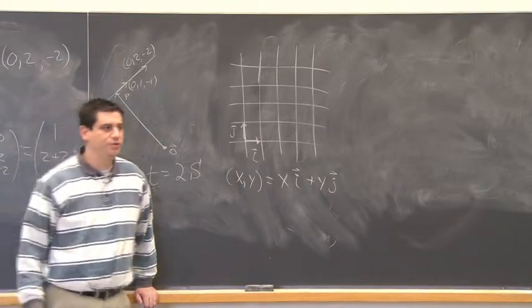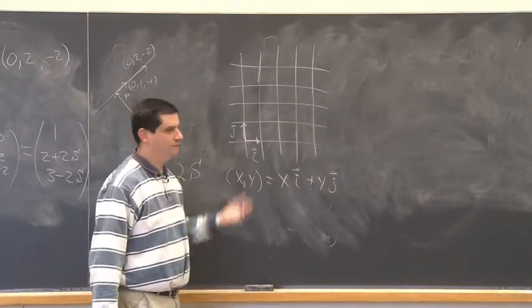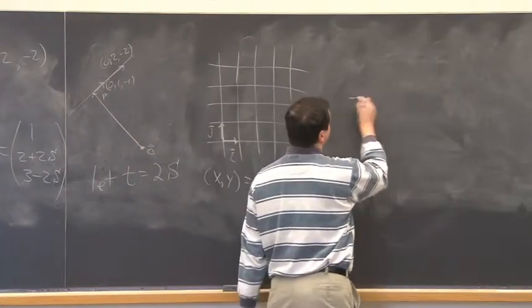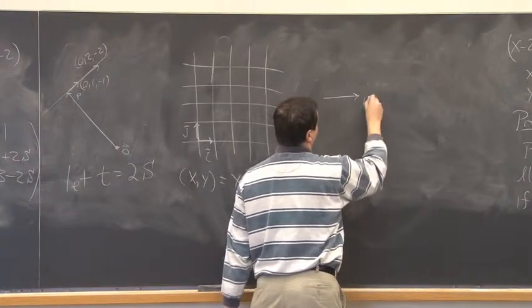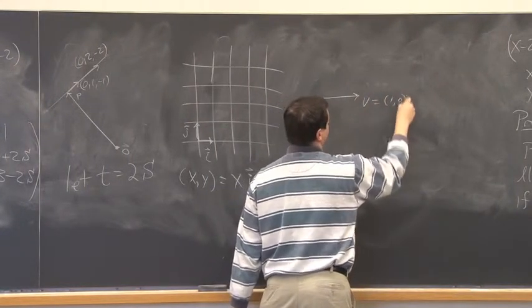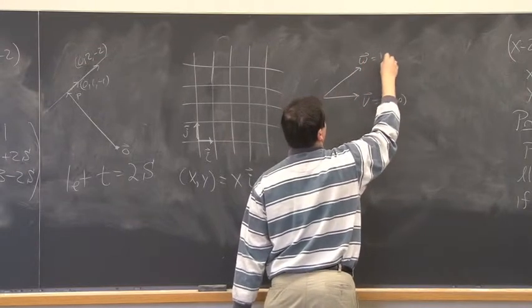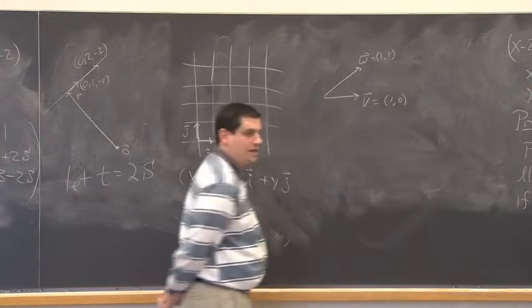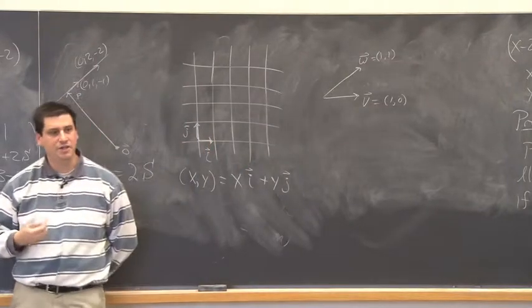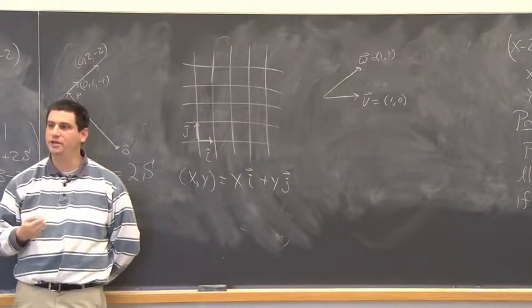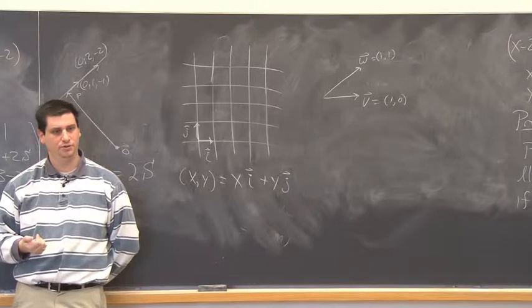What if we used a different coordinate system? What if we used different vectors? What if we used the vector v is (1, 0), and the vector w, which is the vector (1, 1)? Is it still possible to write every vector in the plane as a combination of v and w?